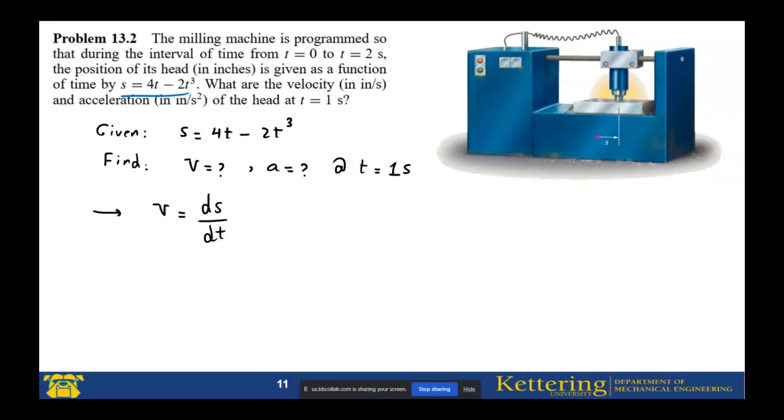If you take the derivative, can you tell me the expression that you find from this equation? Yes? 4 minus 8t squared. Is this correct?